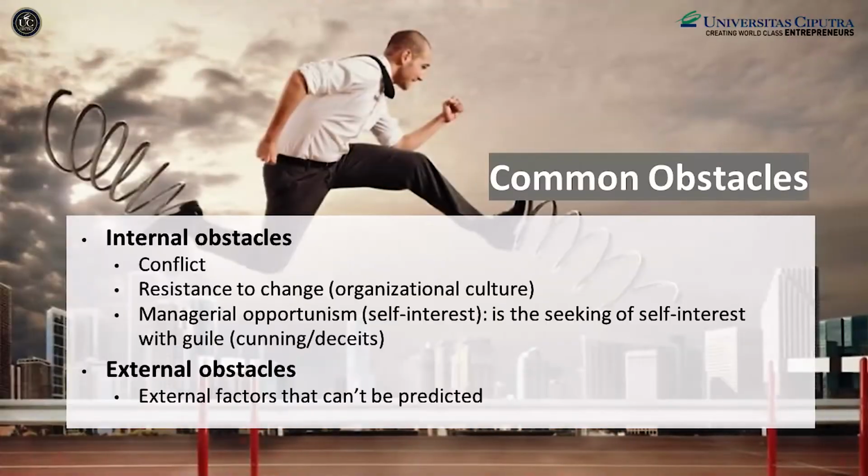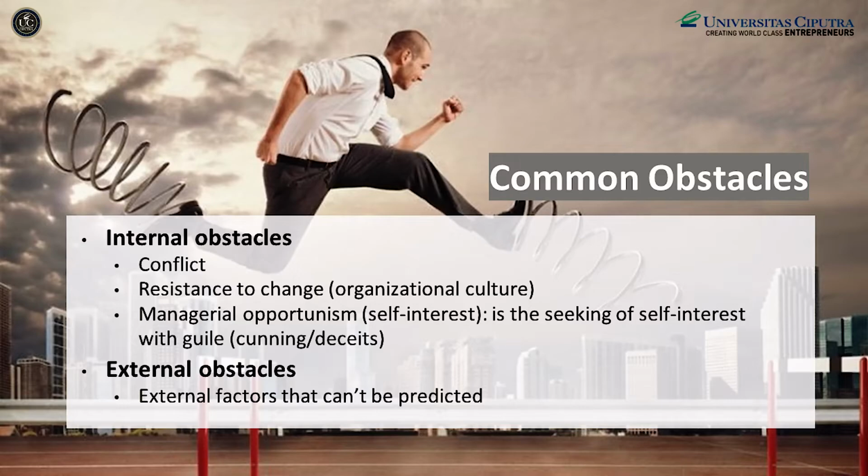And finally, there is another aspect that companies need to consider, and that is internal obstacles and also external obstacles. From internal obstacles, companies need to think about the organization structure itself, whether the organization structure will cause any conflicts if a new strategy is being implemented.